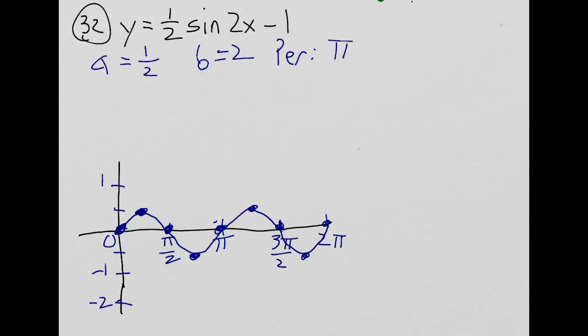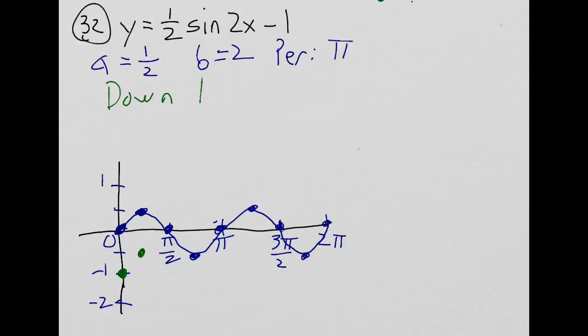Okay, now my shift, and this is an easy one, because if I look at this graph, there's no horizontal shift. It's just 2x. So all I got to do is shift this guy down 1. So all I do is move all my points down 1. And it's easy as that.